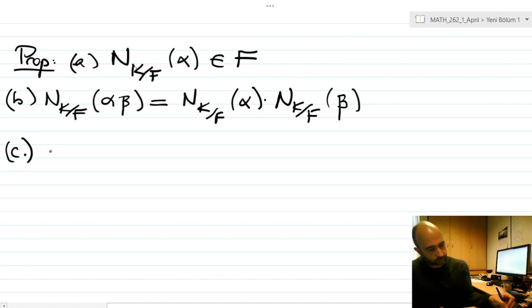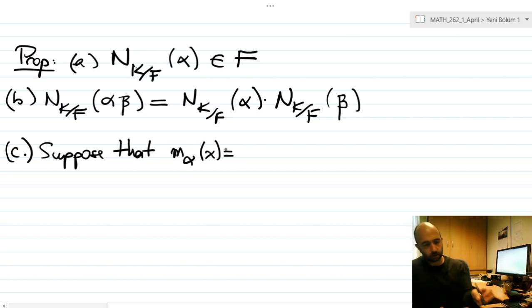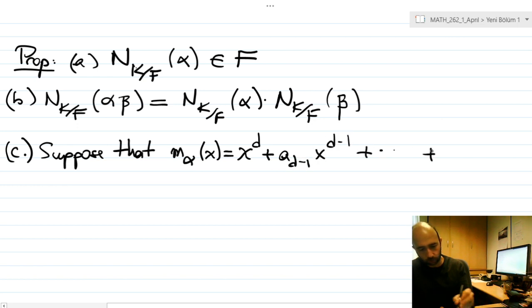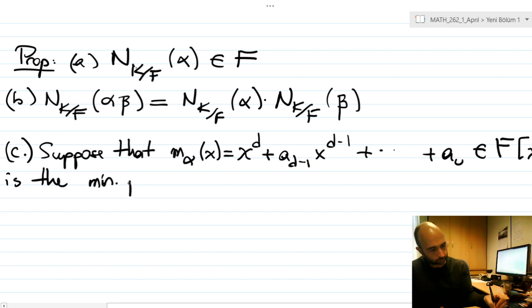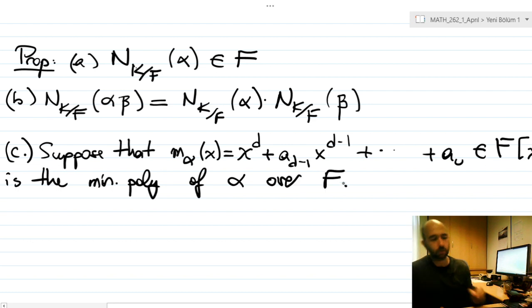So suppose that m_alpha(x), which is, let's say, x^d + a_{d-1} x^{d-1} + all the way to a_0, is, well, this is in F[x], the minimal polynomial of alpha over F. And this degree doesn't have to be the degree of the extension.